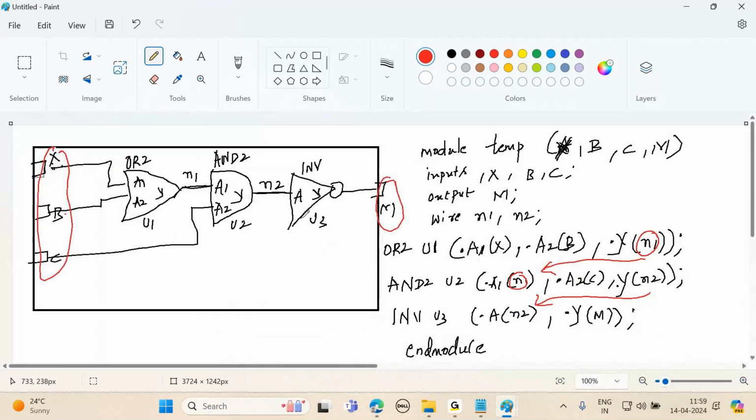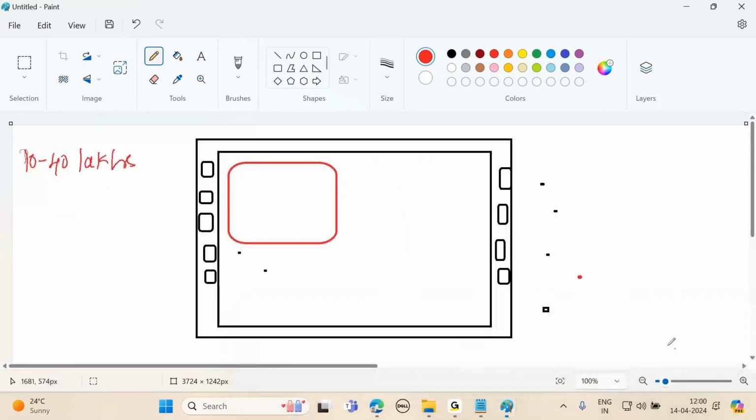But in a real industry design, it can range between 10 to 40 lakhs of cells. If you have 10 to 40 lakhs, then you have 40 to 50 macros. 40 to 50 macros means 40 to 50 complex cells which you need not do from scratch. You can directly use the layout of these cells.